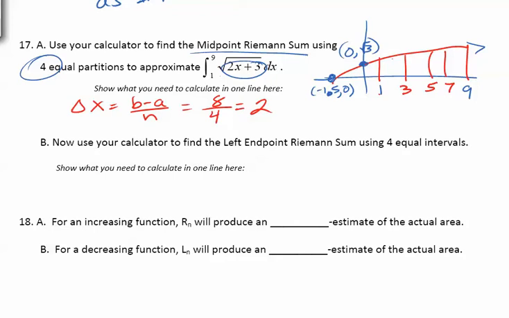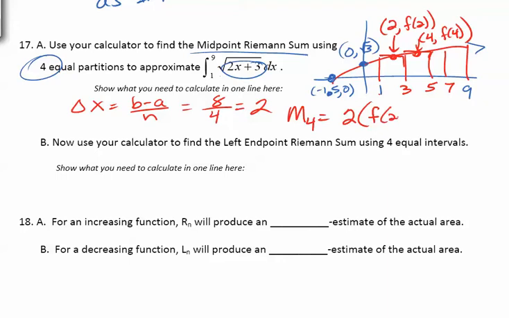But we're actually measuring the height in the middle. So we're actually measuring the height at 2, f of 2. And then the next rectangle, the midpoint would be at 4. So you've got the idea here. So our M4 value would be our delta x of 2 times the height of each rectangle.